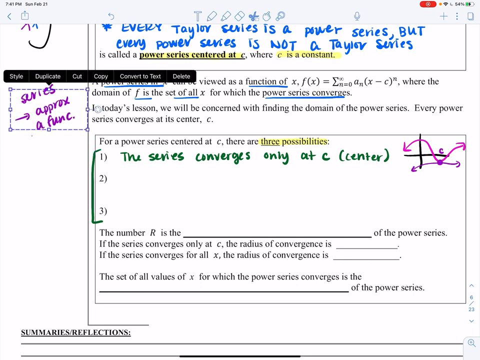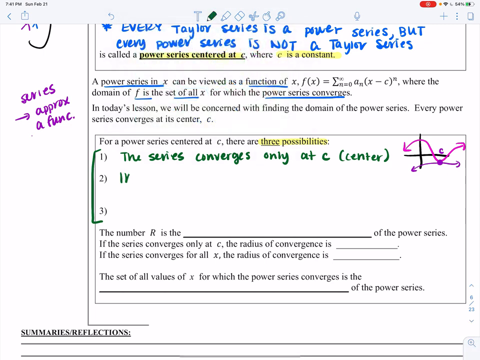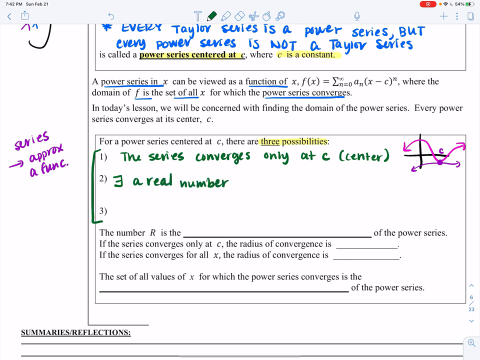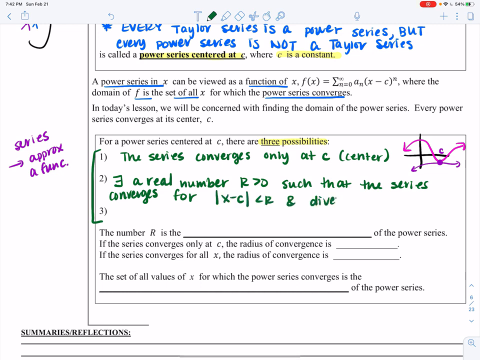Option number 2 is that there exists a real number, and we'll call that real number R, which is greater than 0, such that the series converges for absolute value of x minus c less than R, and diverges when absolute value of x minus c is greater than R. Now, what in the heck is that saying?